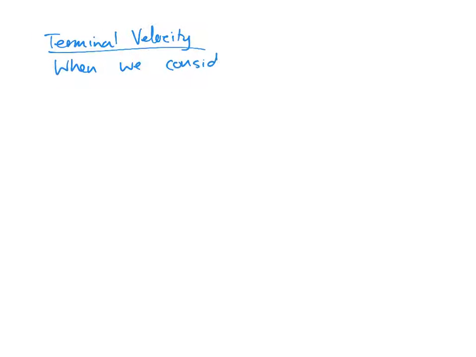Okay, so terminal velocity is the kind of second half of this learning outcome. So when we consider the effect of air resistance, so we're now putting the air resistance back in.